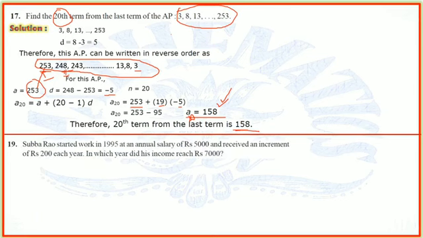Next question, and the last question of this exercise 5.2: Subbarao started work in 1995 at an annual salary of rupees 5,000 and received an increment of rupees 200 each year. In which year did his income reach rupees 7,000?